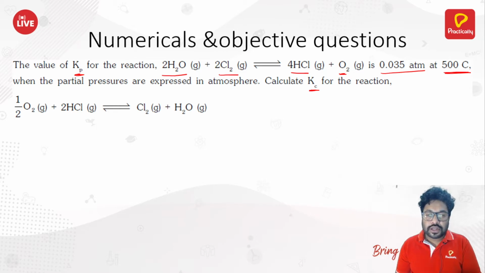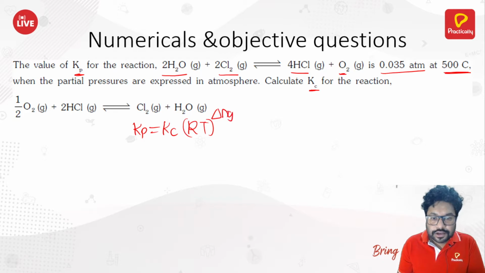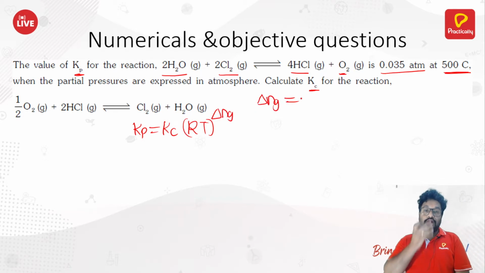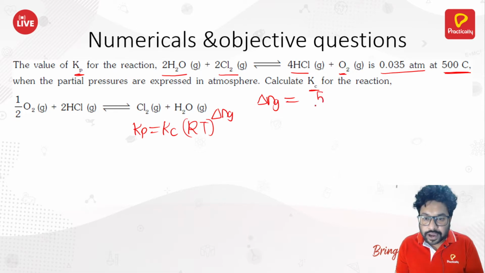Now you already know the relationship between Kc and Kp, right? What is the relationship? Kp is equal to Kc RT raised to delta ng. What is delta ng? Difference between the number of moles of product and the number of moles of reactant. Number of moles of product are how many? 4 plus 1, 5.